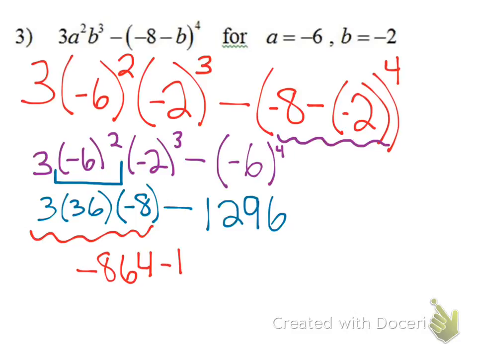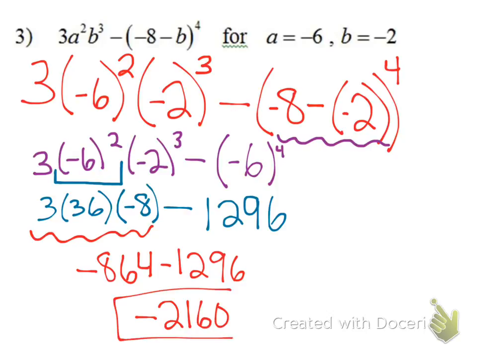And then you still have the minus 1296? It's -208, 2060. Very good.